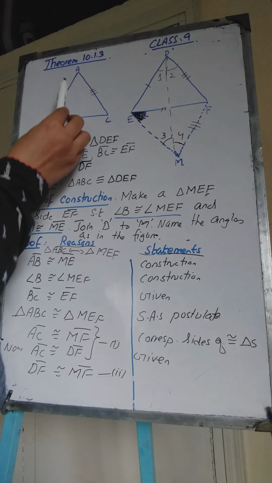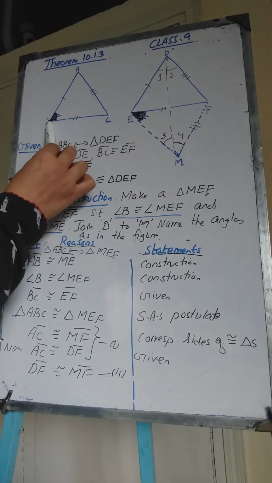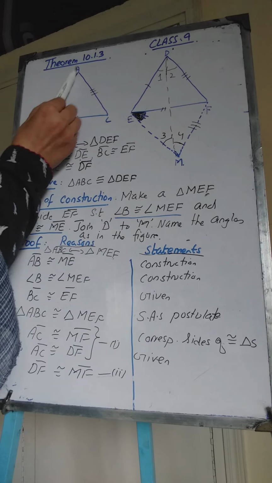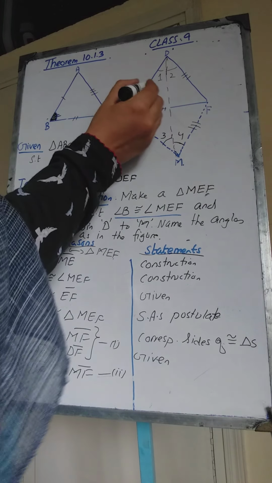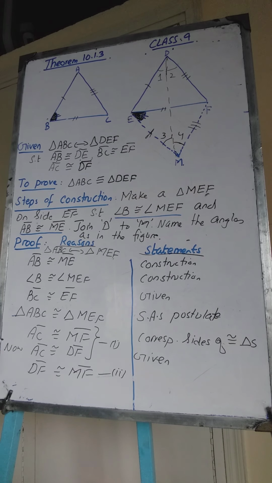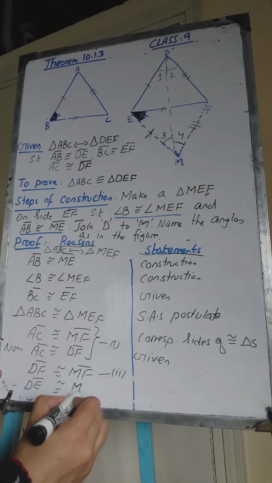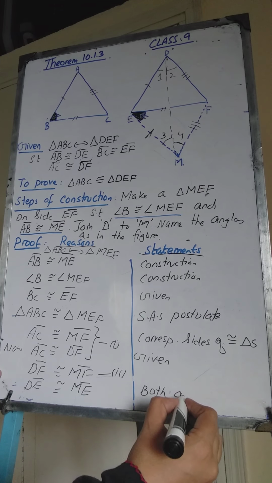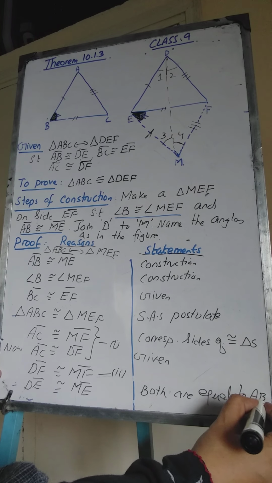Similarly, we know that AB is congruent to ME. This is what we did in construction. And also AB is congruent to DE. So it means AB is congruent to DE as well as AB is congruent to ME, which proves that DE will be congruent to ME. This is because both are equal to AB.